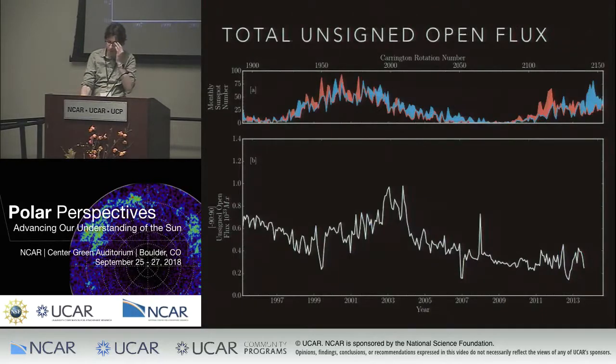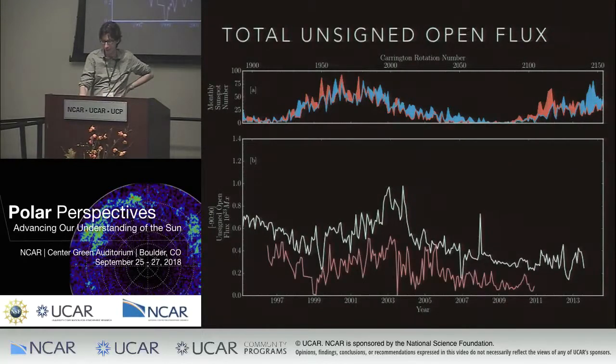Okay, so where we really see this again is if we break this down into a measure of open flux. So here in white, I just have from a model, just a simple potential model, using Wilcox Solar Observatory data to map out the total open flux. If I then plot our inferred open flux from coronal hole boundaries, so we've taken coronal hole boundaries, taking the underlying magnetic field from MDI data, and then calculating a coronal hole enclosed open flux, that's the red curve.